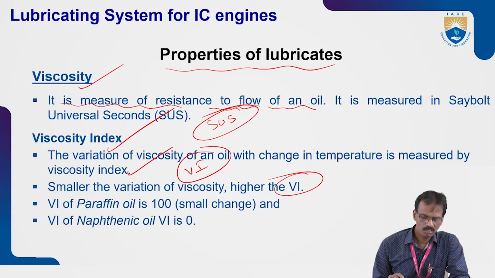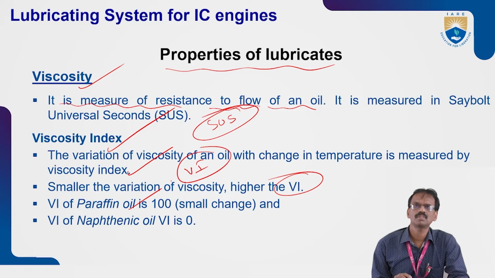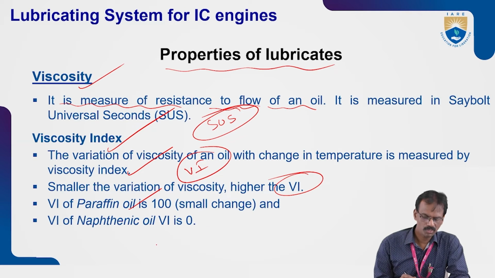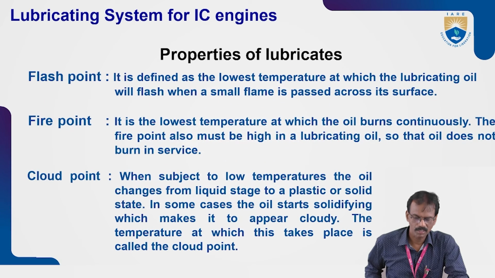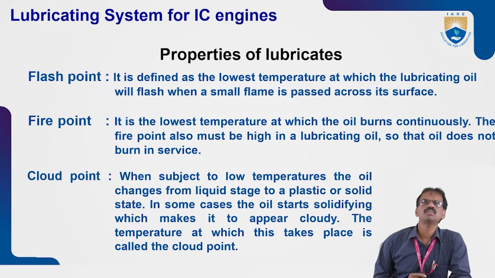The viscosity index of paraffin oil is 100, and of naphthenic oil it is 0. So these are some ranges of viscosity indexes.